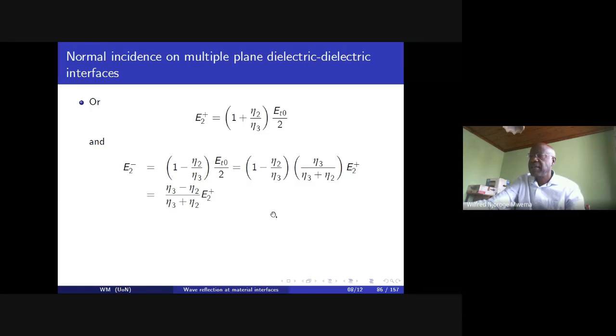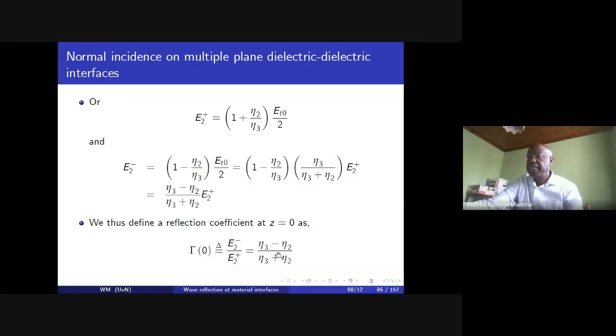And therefore, we can write that the reflection coefficient at z equal to 0 is gamma 0, defined as E2 minus over E2 plus, and this is given by eta 3 minus eta 2 over eta 3 plus eta 2. And this is an important result.